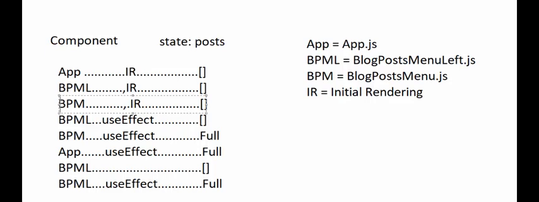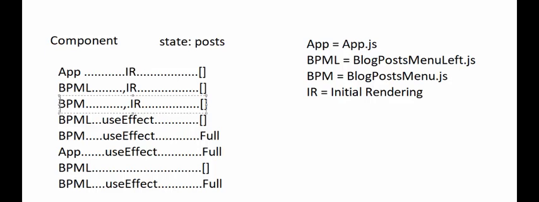That means it doesn't touch useEffect. In that rendering the state of posts is also an empty array. We will have data, a full array, only after useEffect. Now there is no useEffect, only initial rendering.